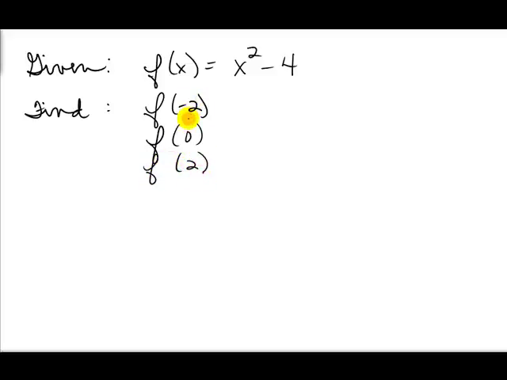So these are going to be the numbers that we plug in. Remember, these are our x numbers, and whatever we equal, all of these will be our y numbers. So I want you to go ahead and try that. I'm going to get you started with the first one.